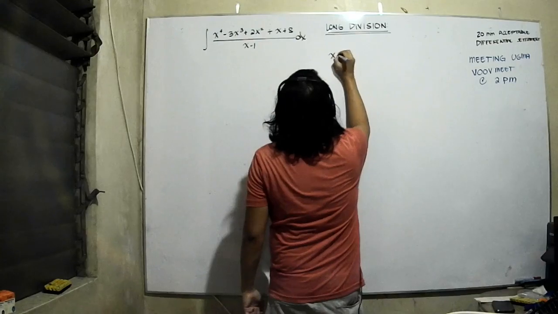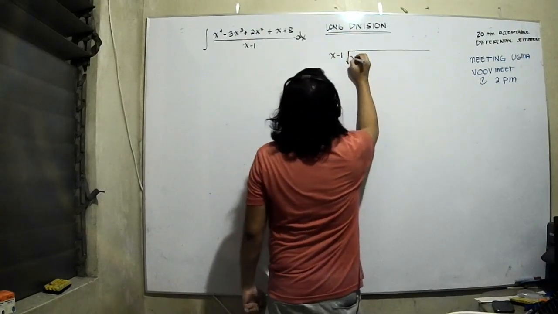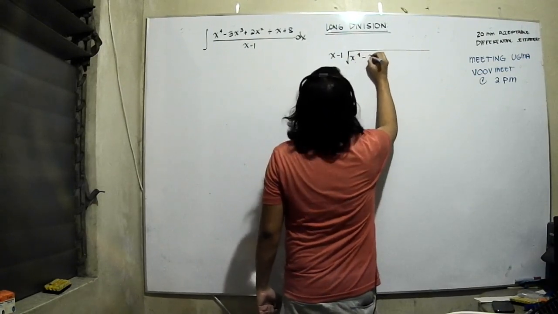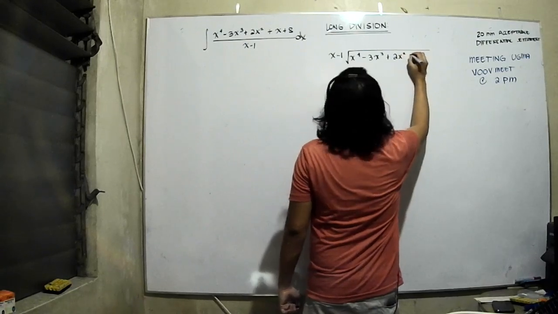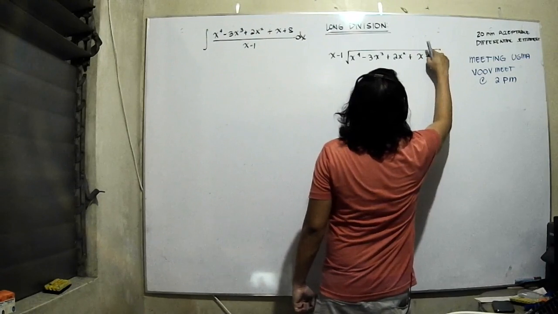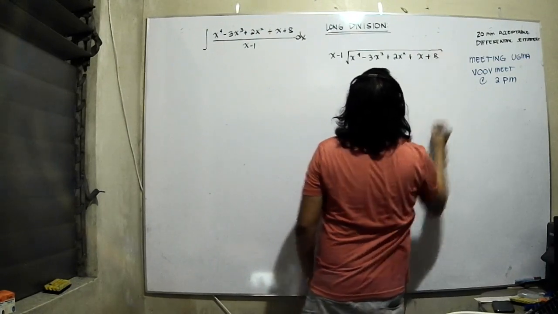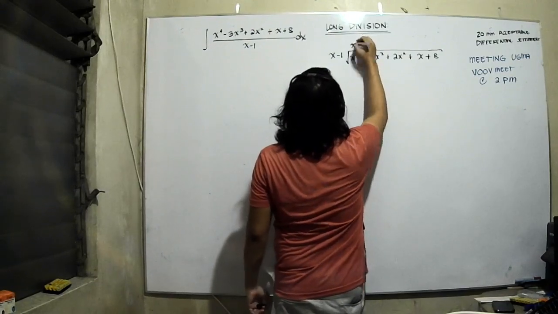So, x minus 1 divided into x fourth minus 3x cubed plus 2x squared plus x plus 8. Okay? So x minus 1 here, this is x cubed.